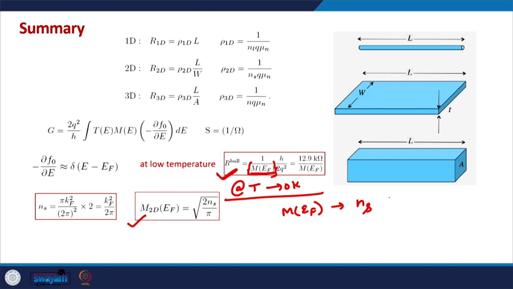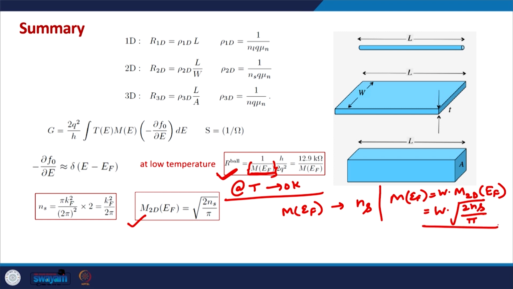So, the M(EF) value can be written as W times M2D(EF), where M2D(EF) actually turns out to be square root of 2 ns by pi.